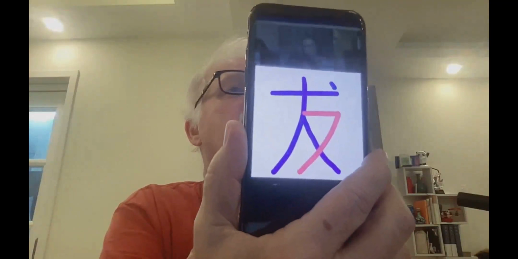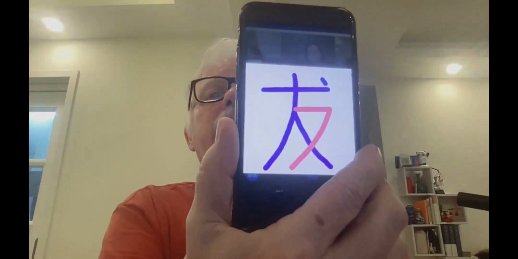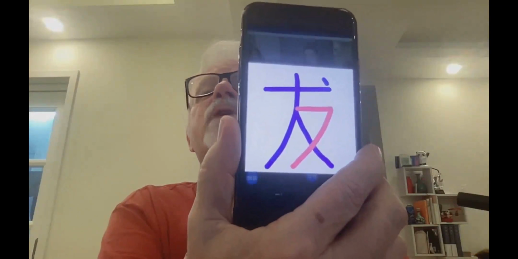I call it a remnant. So you see something that looks like a right hand, but it's actually from something else.